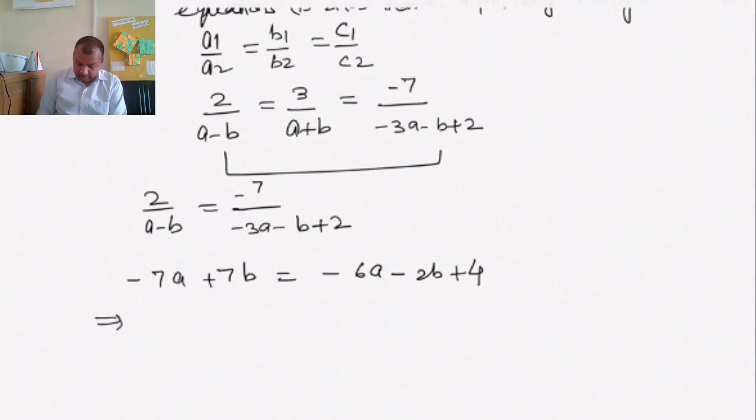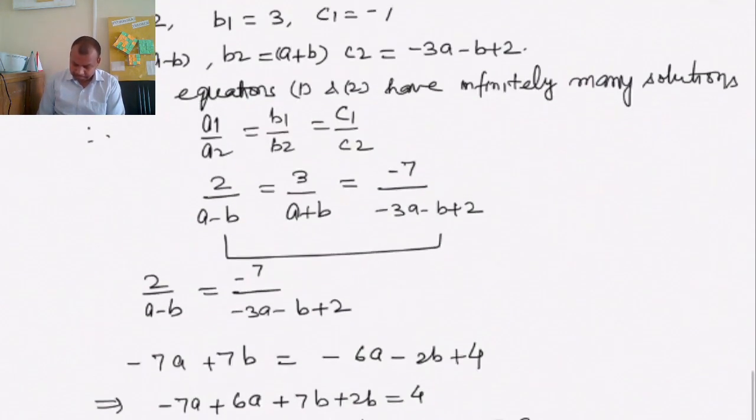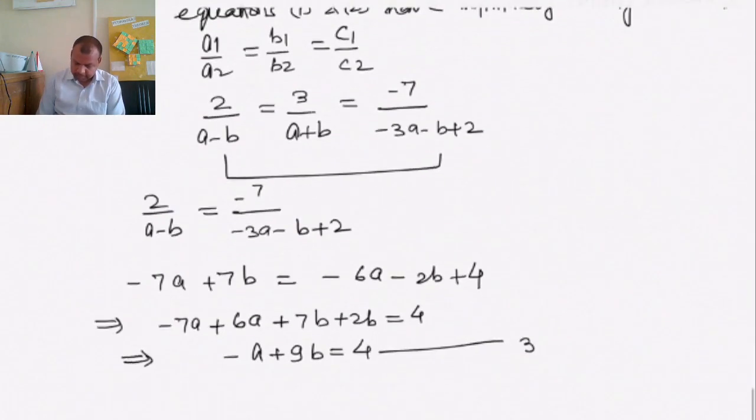And this implies that minus 7a plus 6a plus 7b plus 2b is equal to 4. That is minus a plus 9b is equal to 4. Let it be equation number 3.